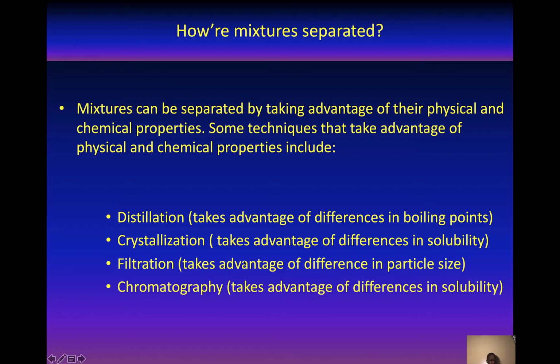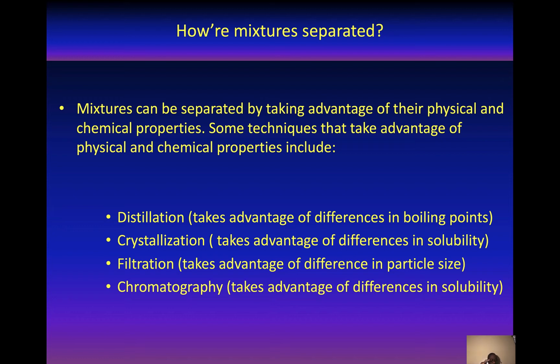Now, crystallization is another technique for separating mixtures. Crystallization usually involves differences in solubility, so differences in how chemicals dissolve in a solvent. Filtration is also another technique. Filtration takes advantage of differences in particle size. Once you have a mixture that consists of different chemicals with different particle size, you can filter them.